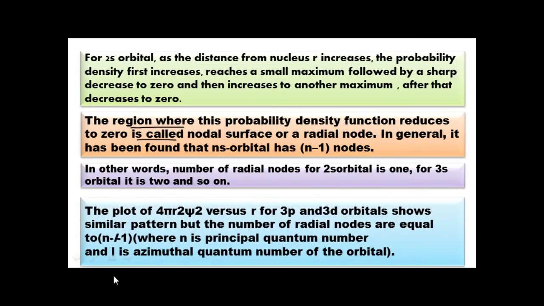The plot of 4 pi r squared psi squared versus r for the 3p orbital and the 3d orbital shows a similar pattern, but the number of radial nodes is equal to n minus l minus 1. n is the principal quantum number and l is the azimuthal quantum number.